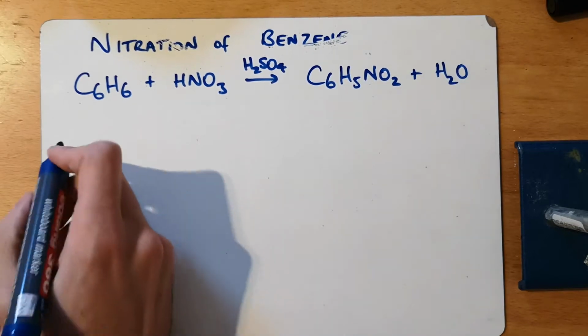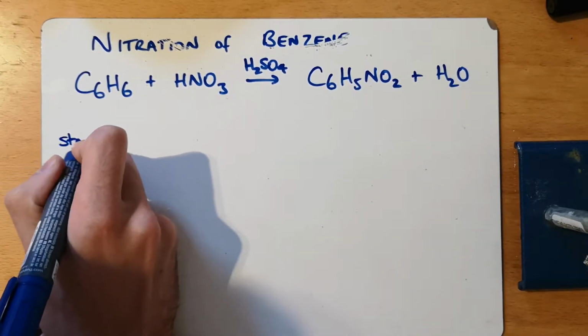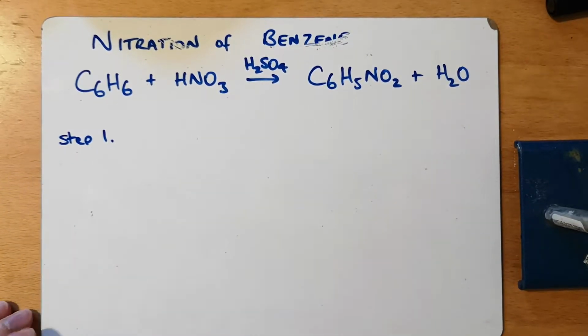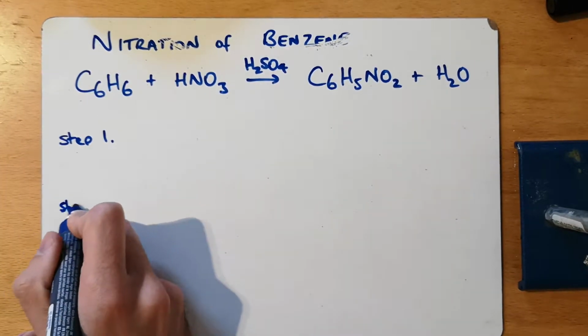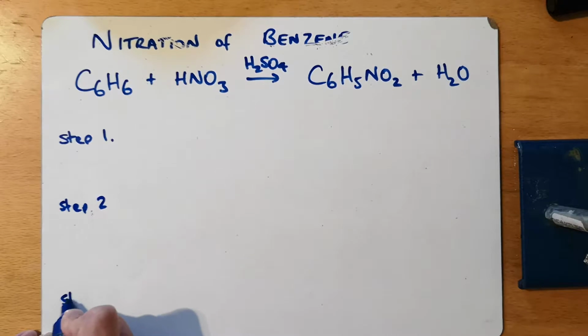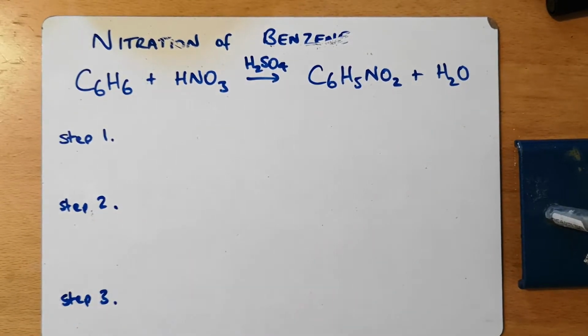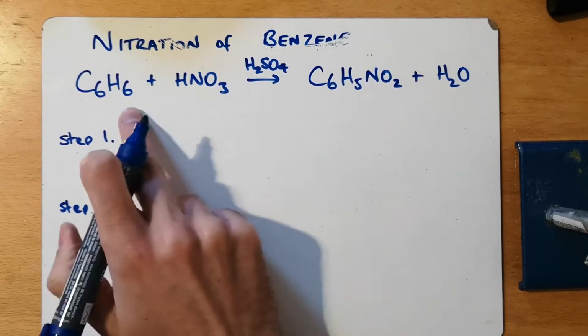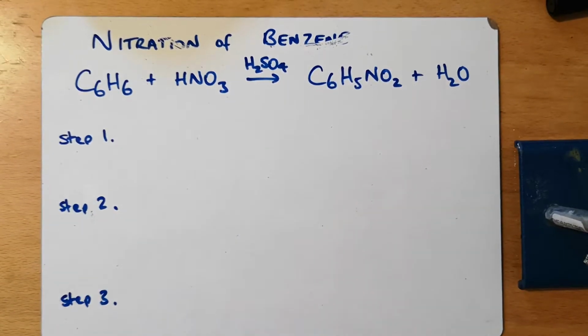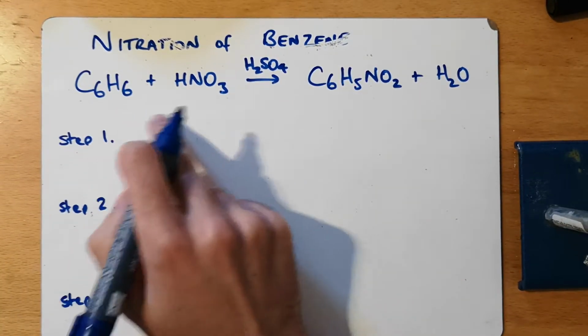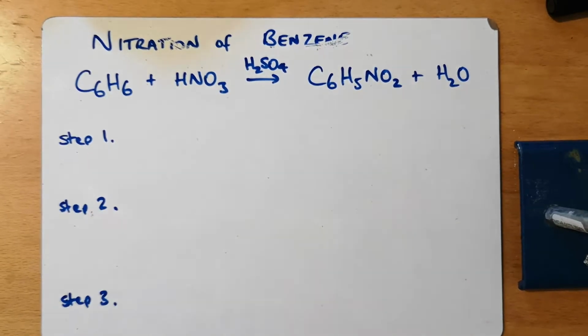So this is a 3-step process: we'll do a reaction, then the mechanism, then another equation at least. The first step is we have no electrophile in here at the moment, so there's nothing to be substituted with the hydrogen on the benzene.